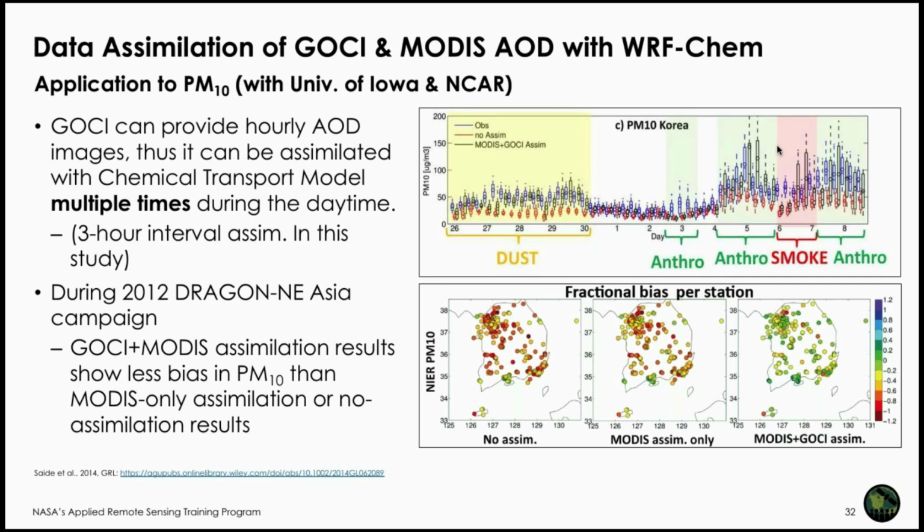Assimilation means the integration of the chemical transport model and satellite measurement together. In this study, we did a 3-hour interval assimilation for GOCI, together with MODIS 2 times per day.